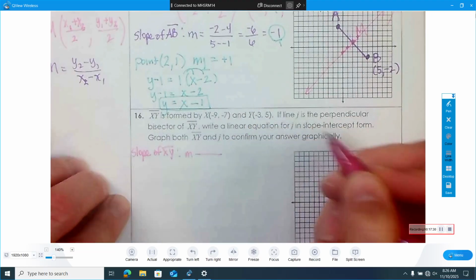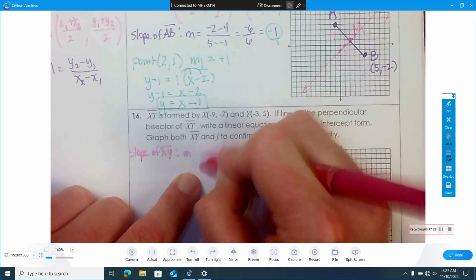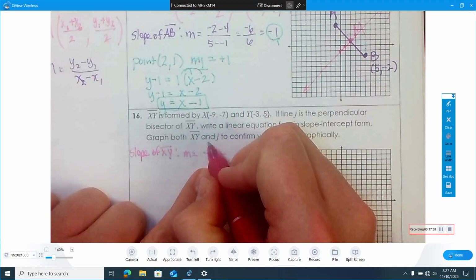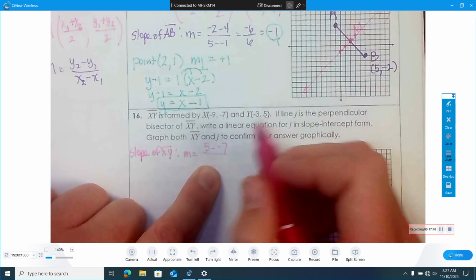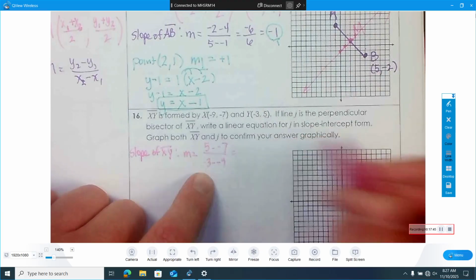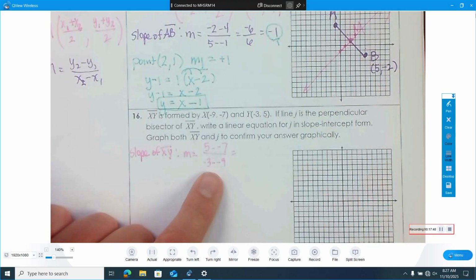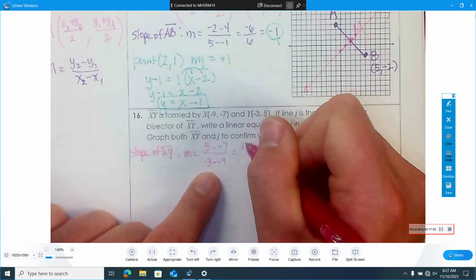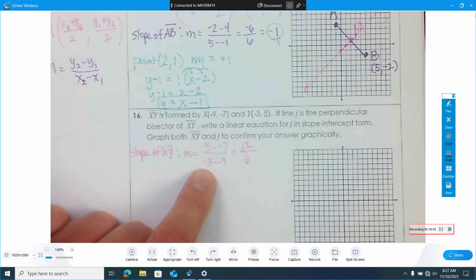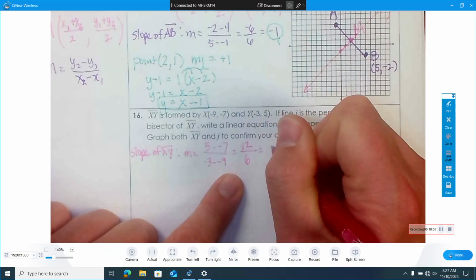The slope of XY is y2 minus y1, so 5 minus a negative 7 over x2 minus x1, so negative 3 minus the negative 9. What is the slope of XY going to be? 12 over 6, which is 2.